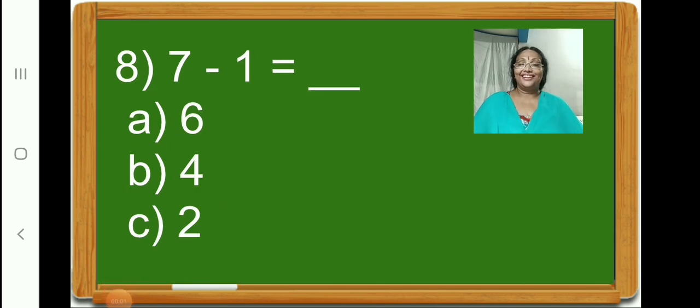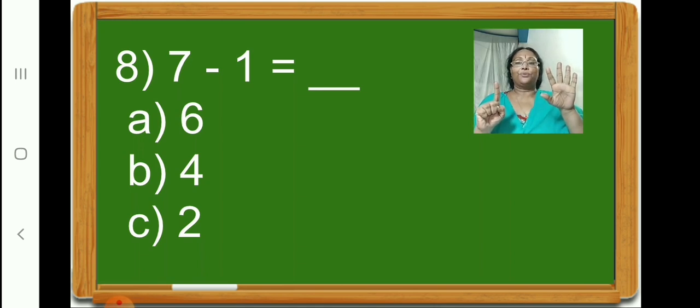Children, let us solve question number 8, 7 minus 1. Here children, we have to minus number 1 from number 7. So children, how many fingers are we going to open? 7 fingers, right? And how many fingers we are going to fold? 1. Why 1 children?